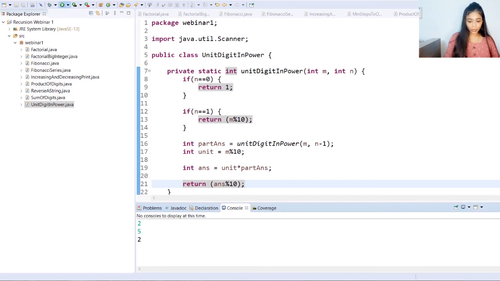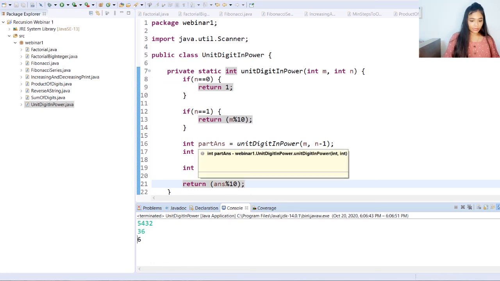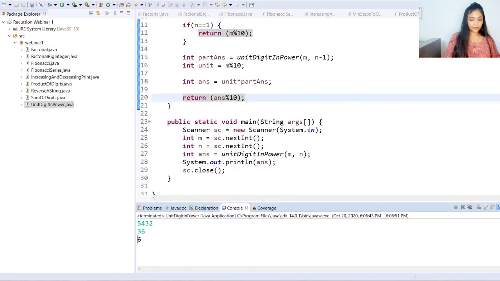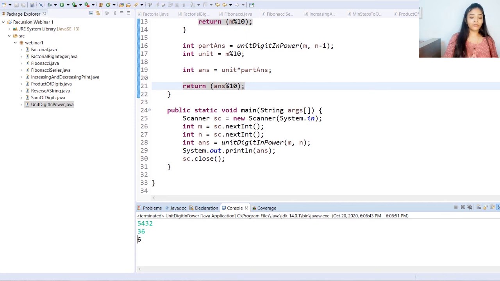And this will also work well for large numbers, like how we saw that 5432 and let's say 36. So we'll give the last digit as 6. You can do it manually, try, run it and check it. So this is how we can easily find the unit digit of any m power n using recursion without actually calculating the entire power value.